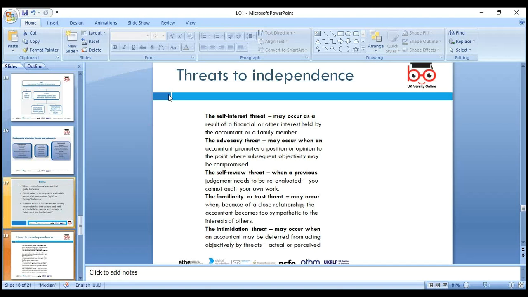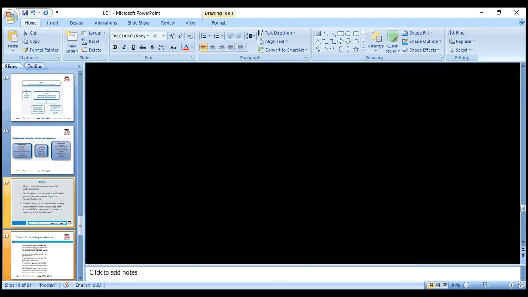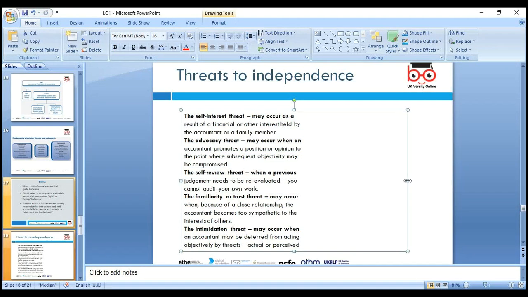What sort of threats can there be towards an organization? Self-interest threats may occur as a result of the financial and other interests of the accountant or their family member. Think about if your son or daughter or close relative is in business, so you can pass some legislation that can benefit them.